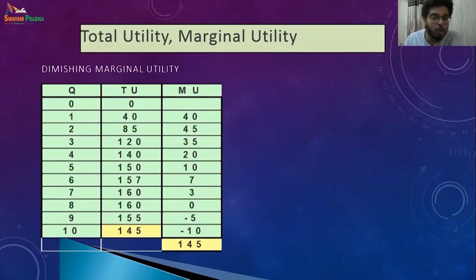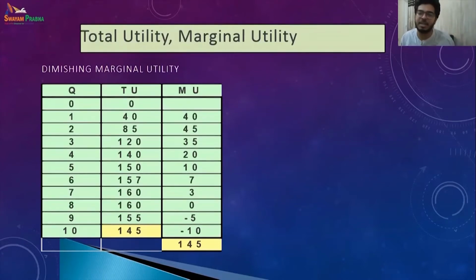The same thing continues for the third Rasgulla, 120. So 120 minus 85, that is 35. Fourth Rasgulla, 140 minus 120 divided by 4 minus 3, 20. Fifth Rasgulla, 150 minus 140 divided by 5 minus 4, and so on. What you can see at the seventh and eighth Rasgulla is that I have the same amount of utility.